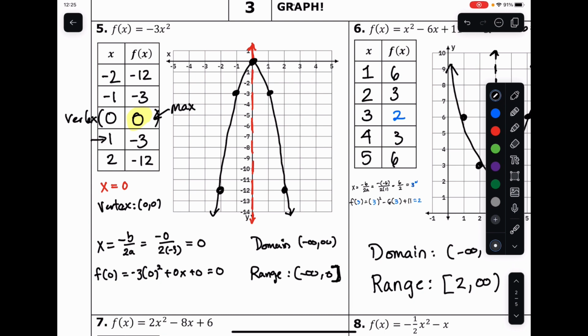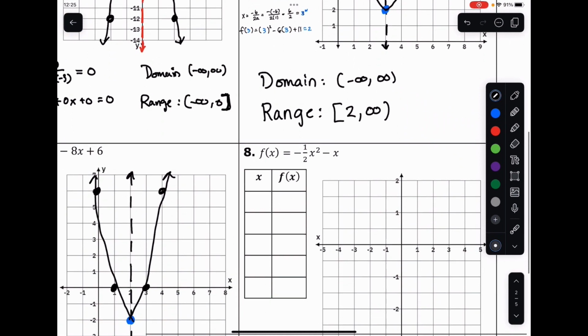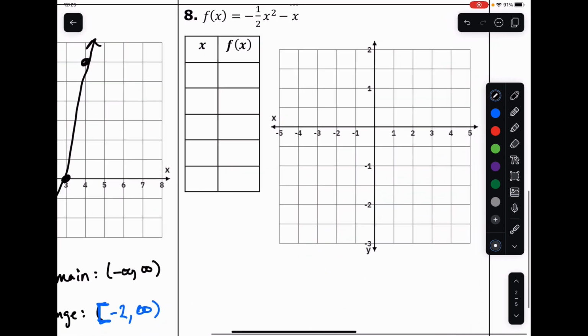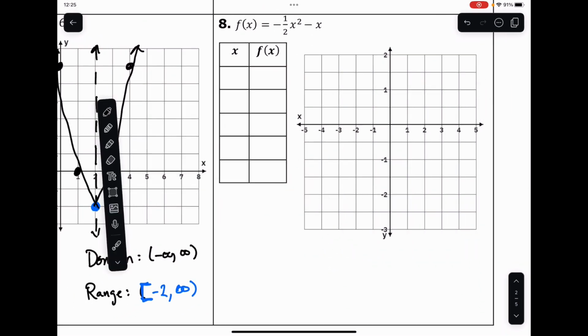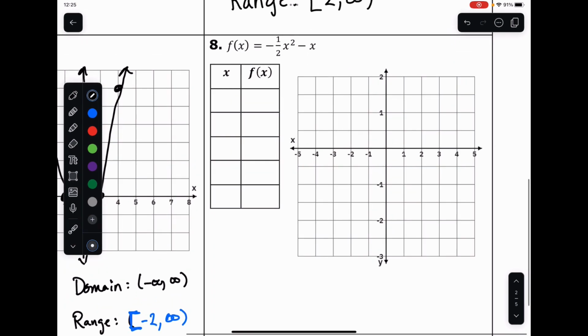So now let's look at the last example. So for the last example, again, our task is to identify the exact same things. So we need to identify our axis of symmetry. So we begin by using x equals negative b divided by 2a. And here our b value is negative 1, a is equal to negative 1/2.